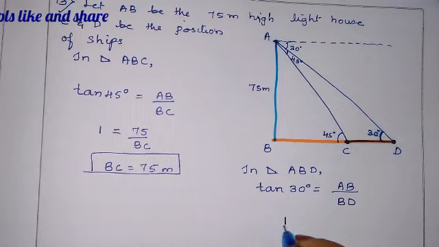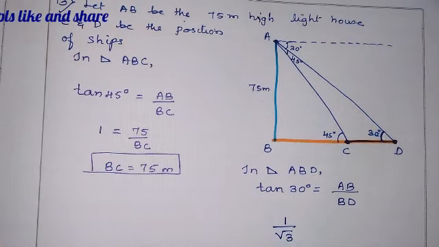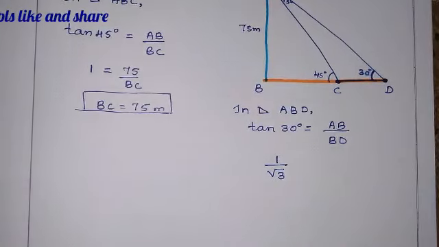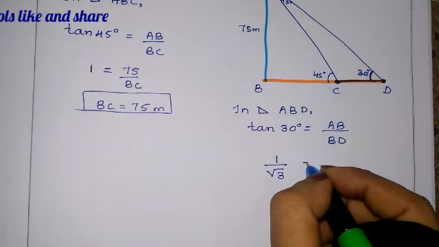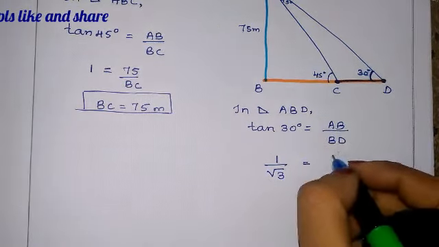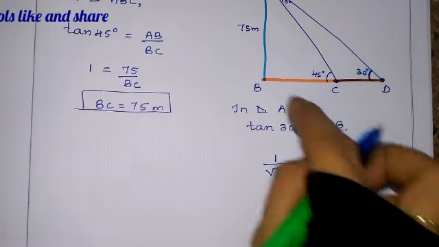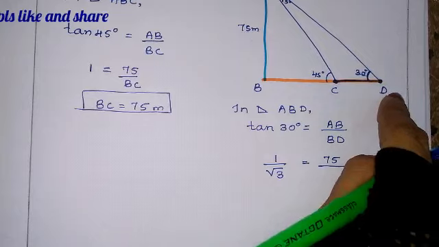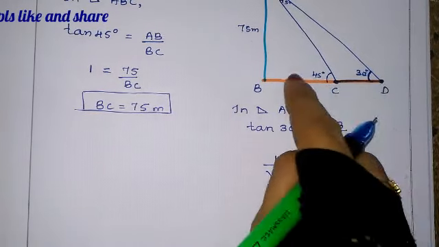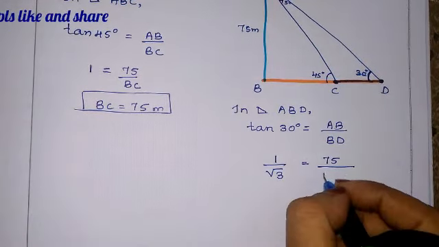Tan 30 is 1 upon root 3. AB value is 75 upon BD, and BD is nothing but BC plus CD.